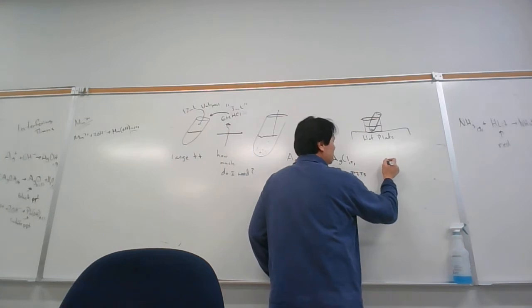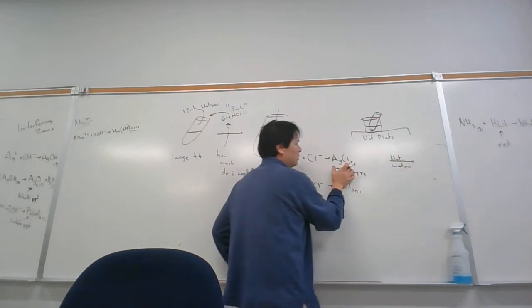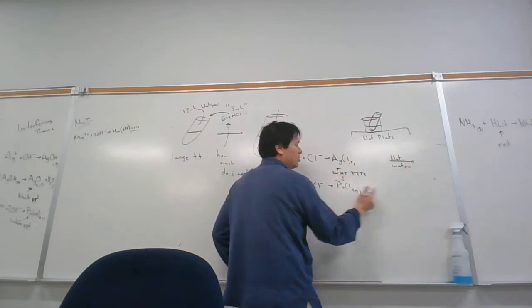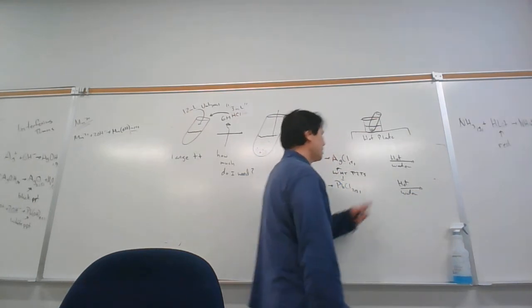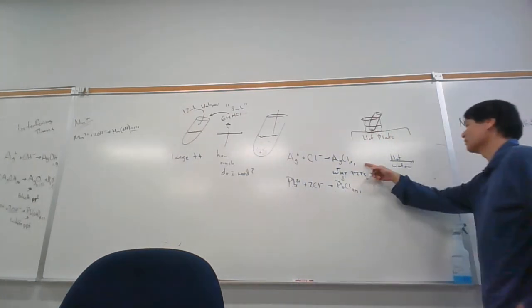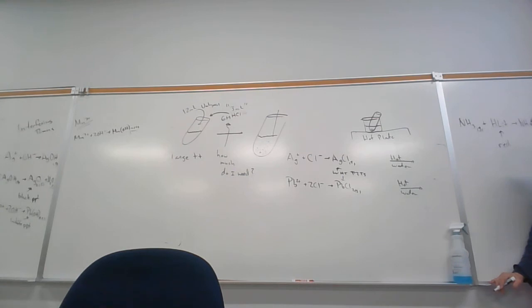The second purpose of the heat is this. Silver chloride and lead-2 chloride have drastically different solubilities in hot water. You can take hot water and try to dissolve silver chloride, and you'll barely get any of it to dissolve.